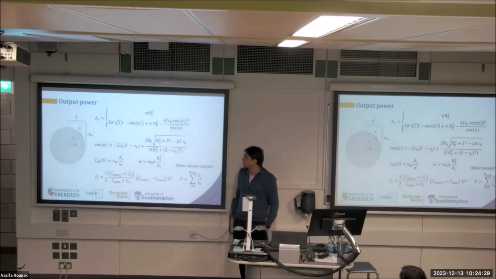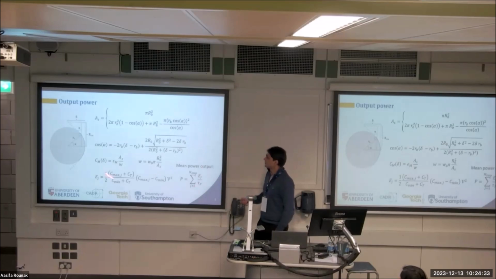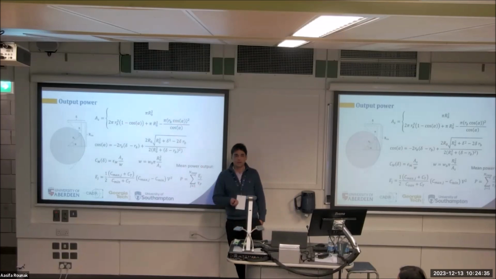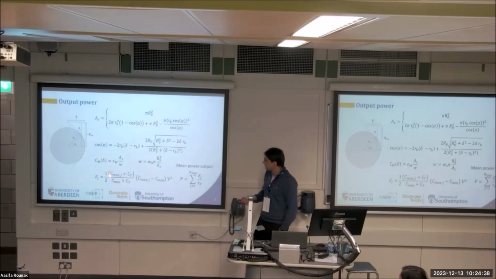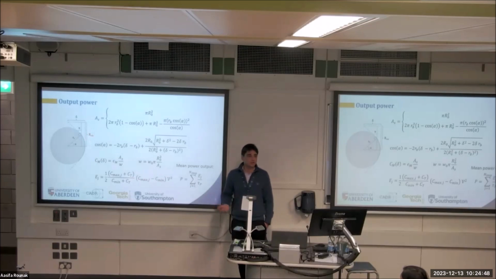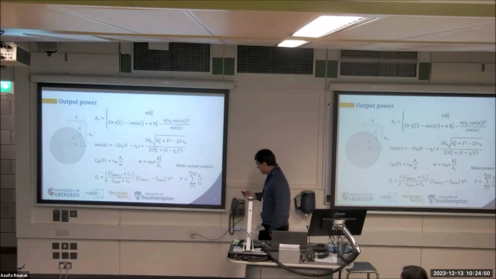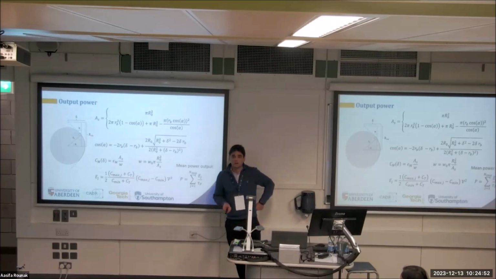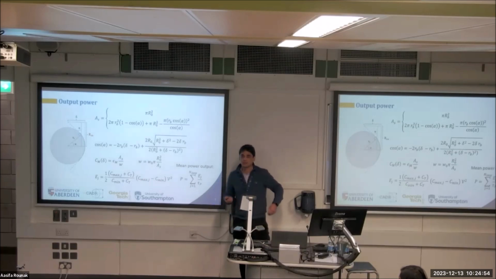And I will not talk about this because Daniel already told us about it, but these are the equations to calculate the energy that we extract. At the end of the day, it is basically proportional to the difference between the maximum capacitance and minimum capacitance, which is basically translated to how much this membrane is deformed. We can also measure how much energy we're extracting in different ways.